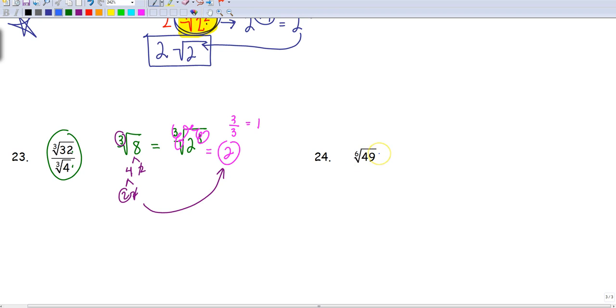You have the 6th root of 49. Always rewrite. So you could do 7 times 7. But here's the thing by doing the factor tree here. You're looking for groups of 6. You don't have a group of 6, but that doesn't mean this can't be simplified further. Because if you look at this, you have 2 7s.